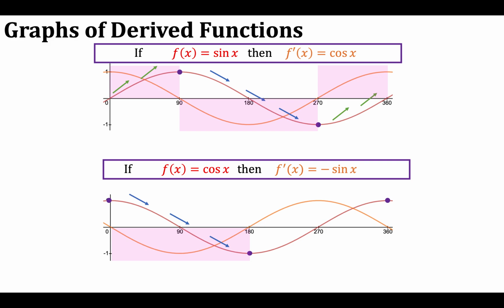And between 180 and 360, the graph is increasing, which means something happens above the x-axis on the graph of the derivative. Our stationary points became roots, so you can see that here at 0, 180 and 360. And you can see there that we've got the graph of negative sin x in orange here. It's good for you to know where that comes from as well.